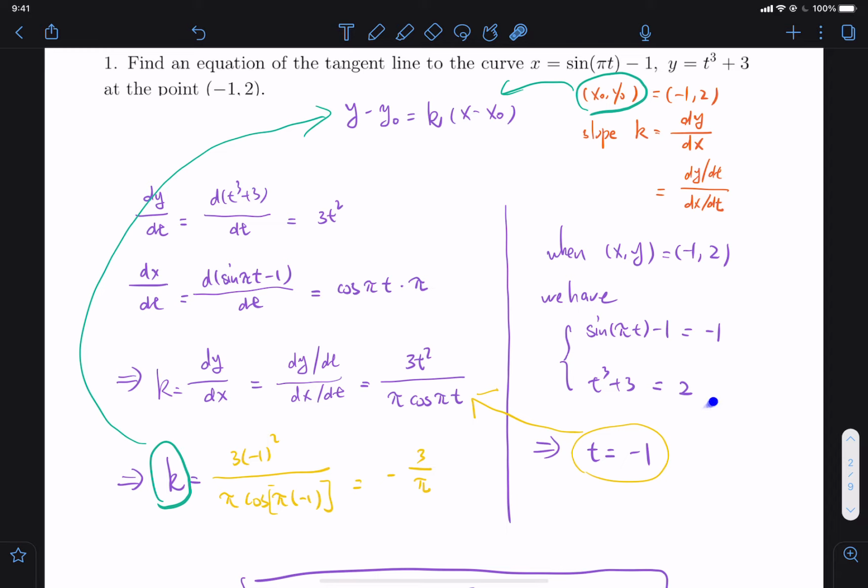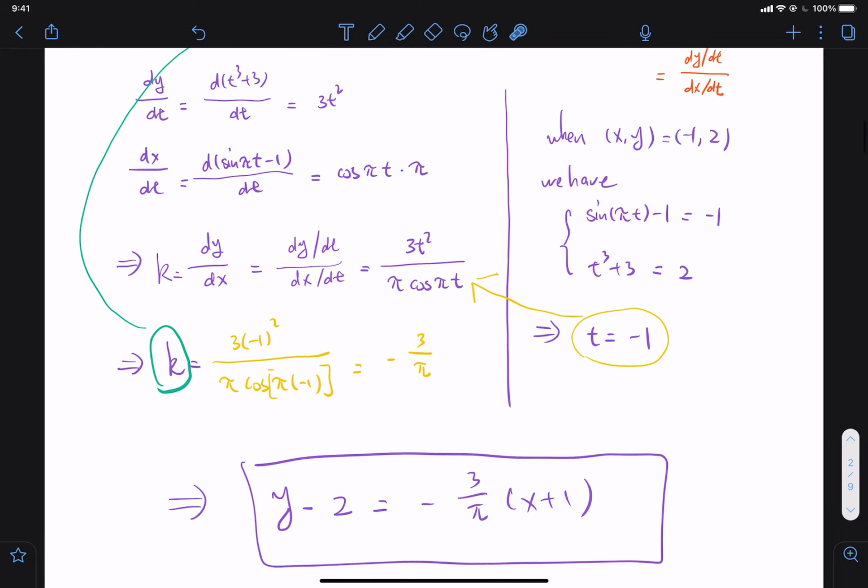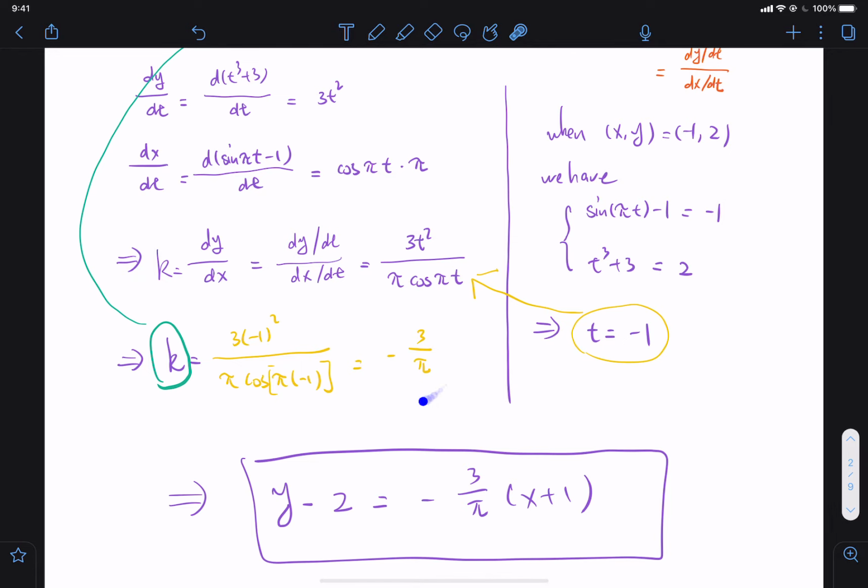From here we can solve that t is equal to -1, which means t equal to -1 corresponds to the point -1, 2. To find the slope at this point, we plug t equal to -1 into this expression, and finally we find that k is equal to -3 over pi.